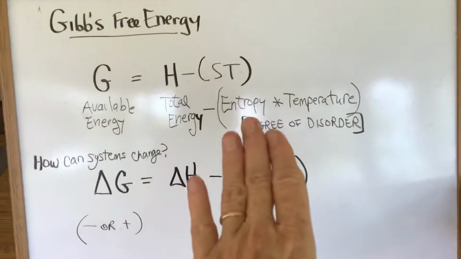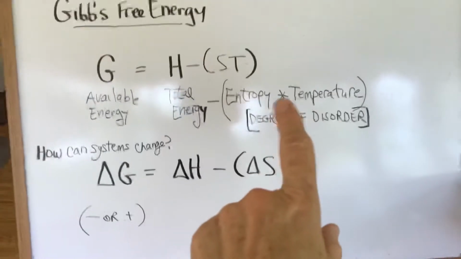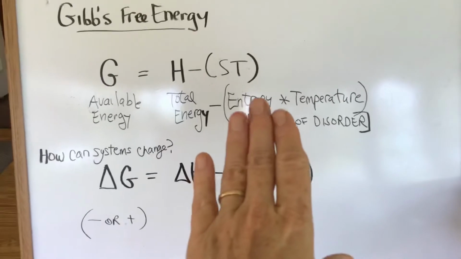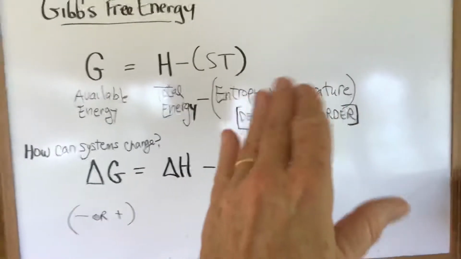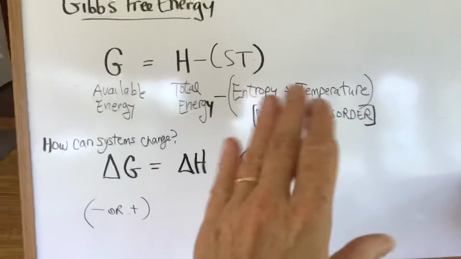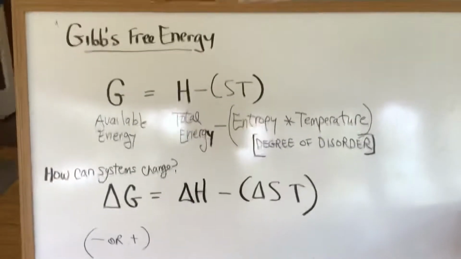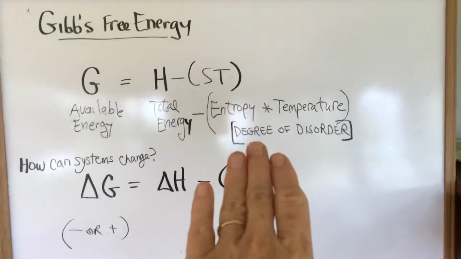Now, the entropy is a value, remember, of disorder, and temperature is going to increase that disorder. So the more the temperature, the more entropy, and that's why they're joined together. The less the temperature, the less disorder in general. So this is like the degree of disorder.